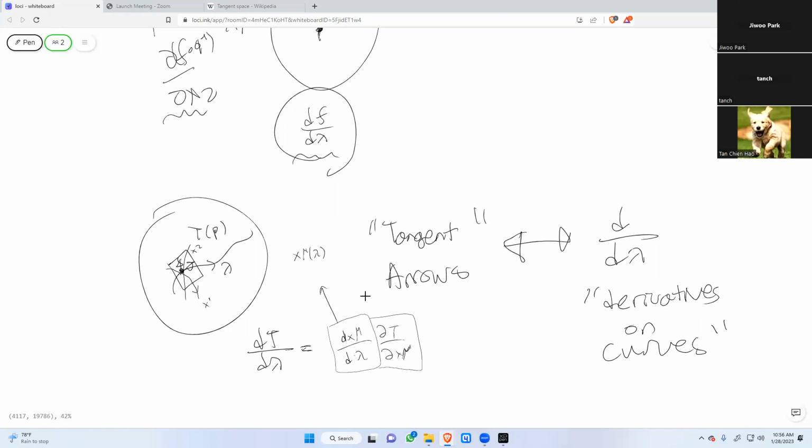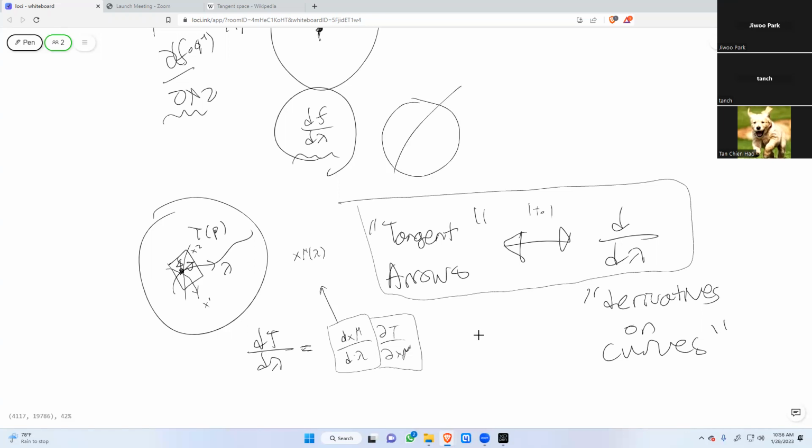And this leads to, in effect, an emphasis on this isomorphism, this one-to-one mapping, so that for every curve you have in a manifold, we want to define tangent arrows.